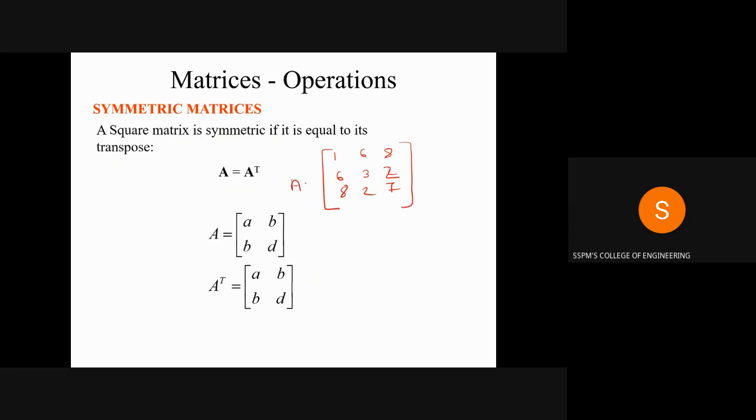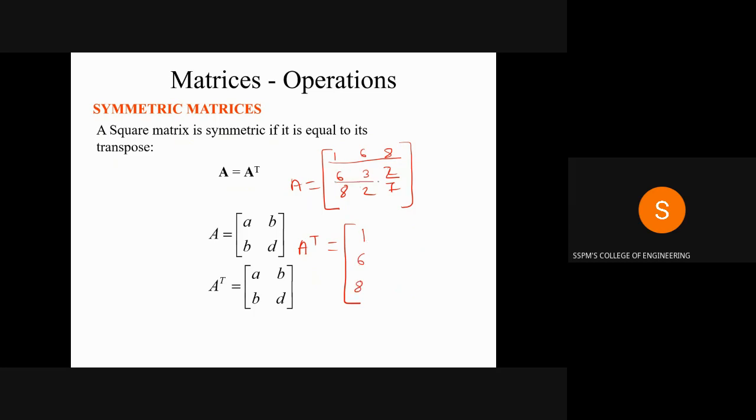Suppose this is matrix A. What is the transpose of this matrix? The diagonal elements are not going to change their position, so we can write them as they are, or we can simply follow the basic rule. The first row is 1, 6, 8. We write it as the first column.